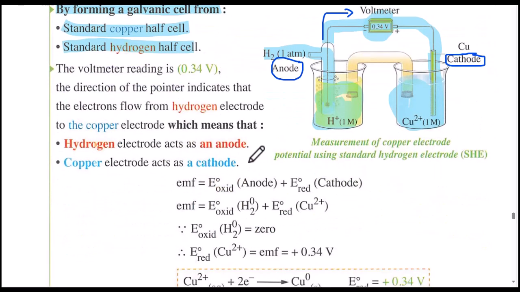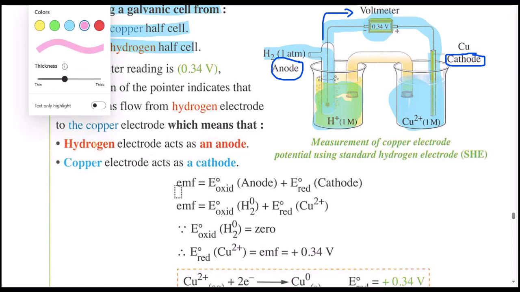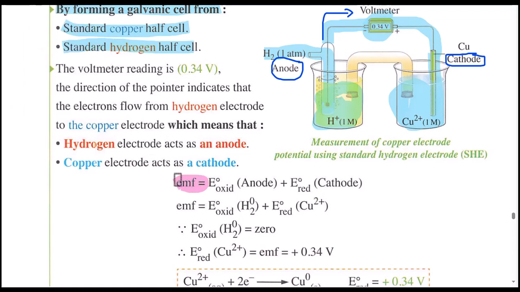So how can we measure the electromotive force in this case? The electromotive force equals the standard oxidation potential of the anode plus the standard reduction potential of the cathode.